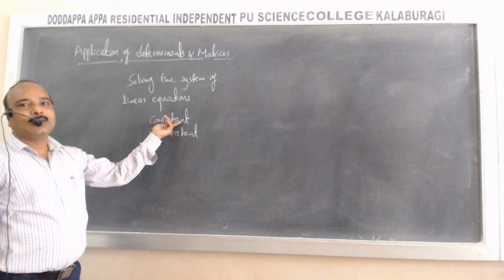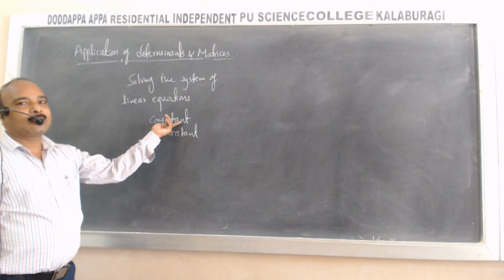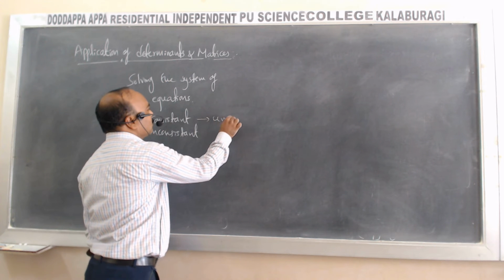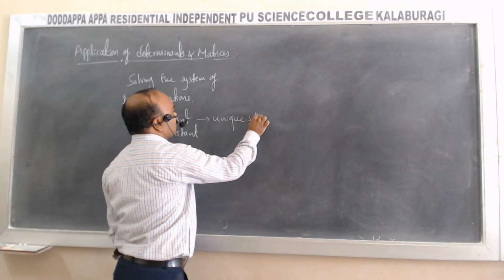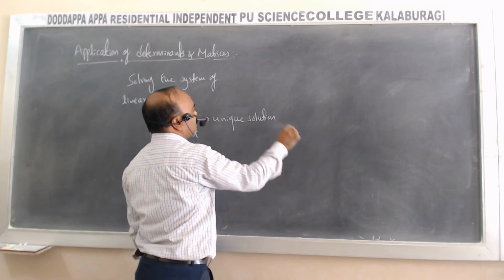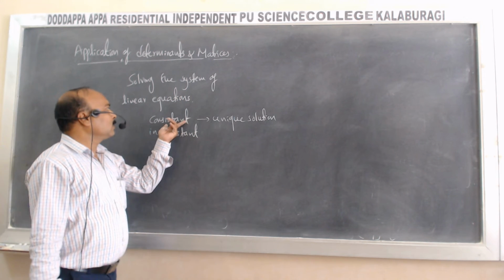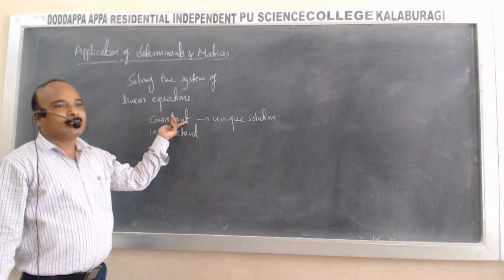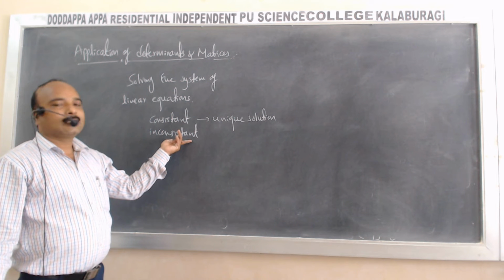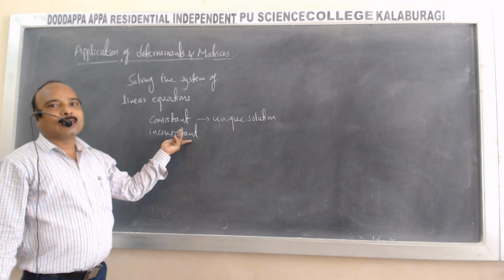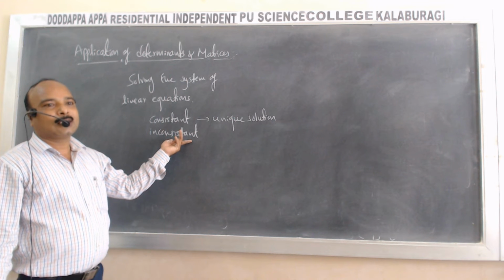In this one, if we get any unique solution, or more than one solution or infinite number of solutions, then the system of equations is called as consistent. Otherwise it is called as inconsistent. Means if we don't get any solution, then it is called as inconsistent.